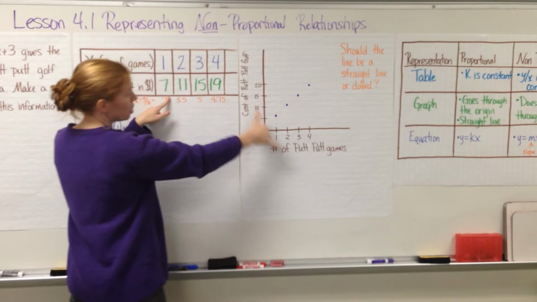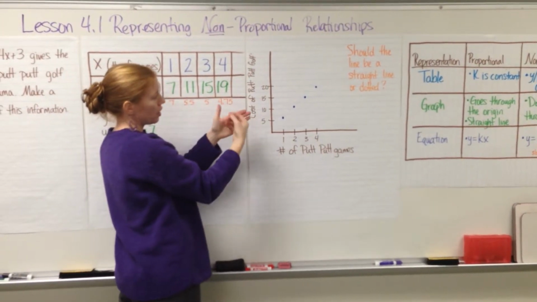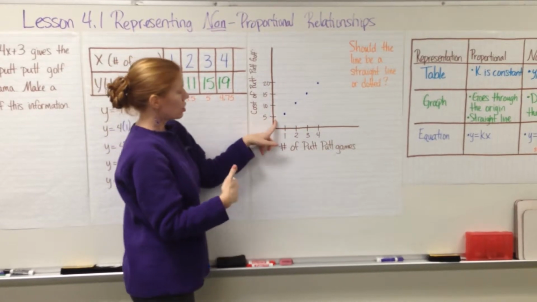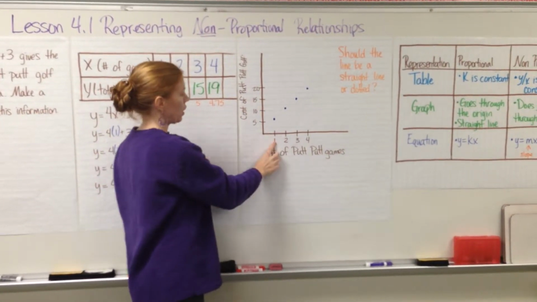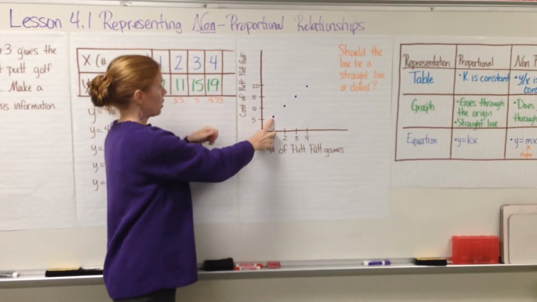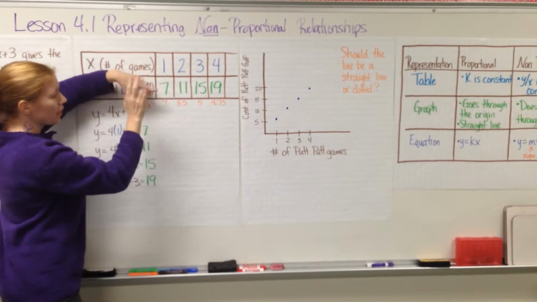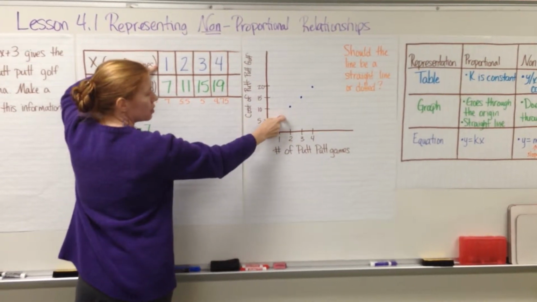That's the same information. Okay, and then this information is going to go on the side. This is how much money it costs. Okay, and then I'm just going to use that information and plot it down. All right, if I play one game, okay, one game is $7. So I have already put my dot.